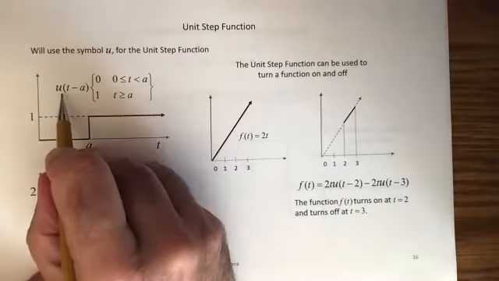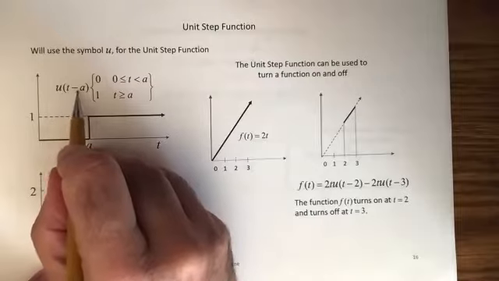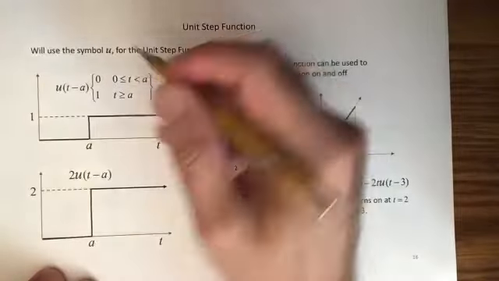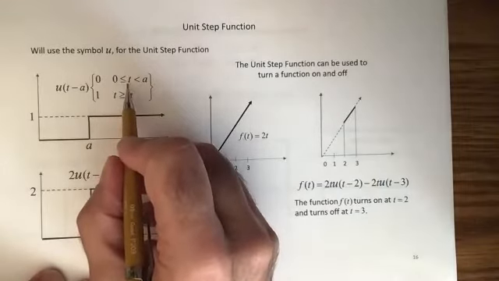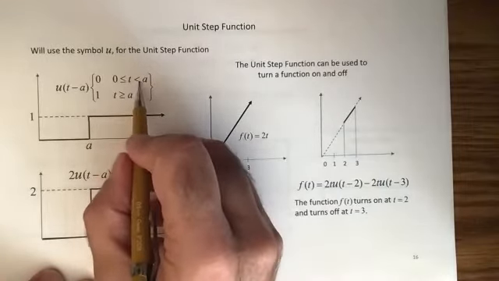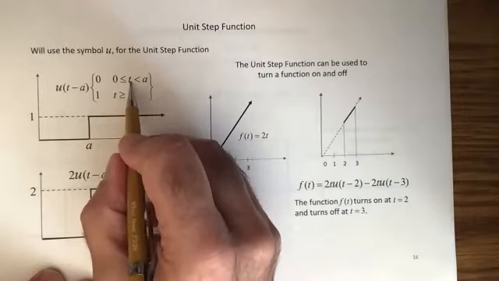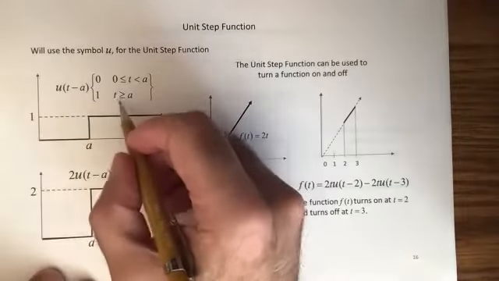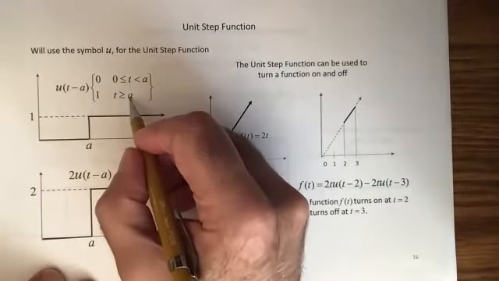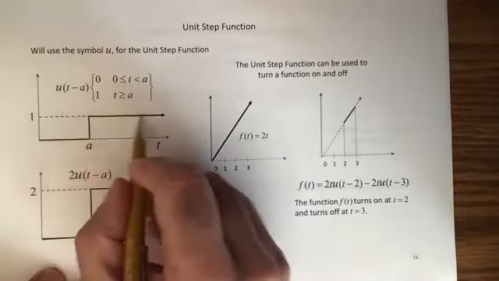So I define the unit step function to be u(t minus a), and the definition is that when t is greater than or equal to 0 and less than a, the function is 0, right? And then when t is greater than or equal to a, the function becomes 1.